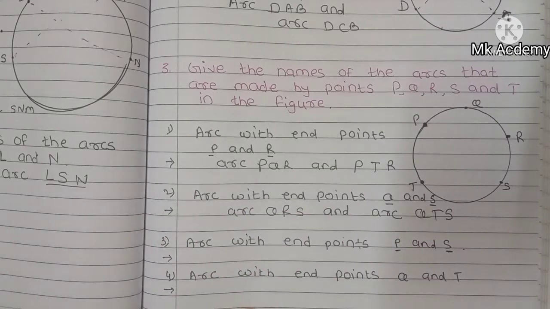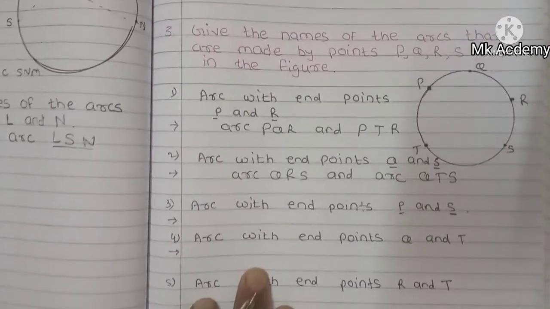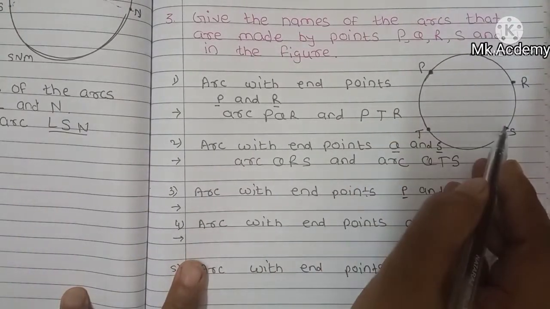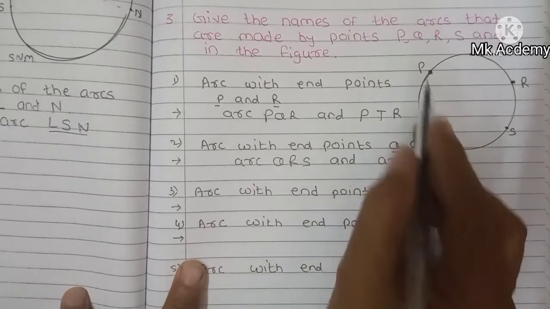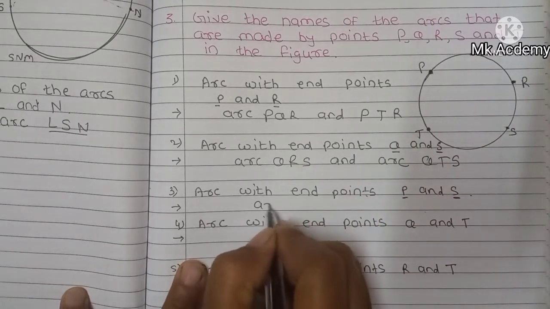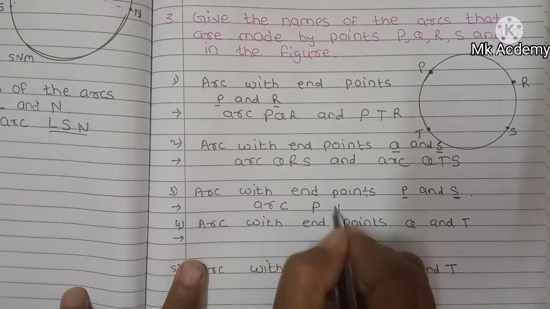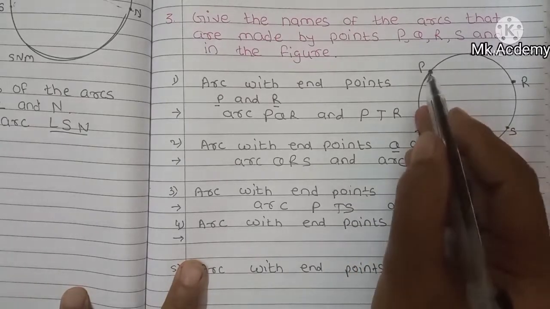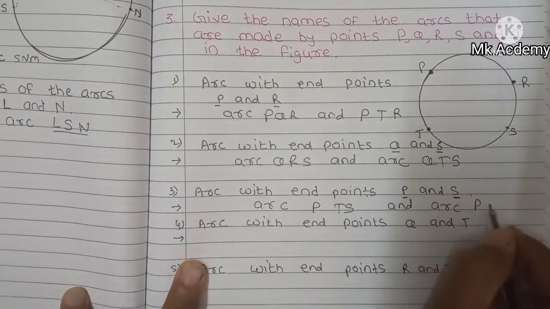Now the third, arcs with end points P and S. We take P and S as end points. Then arc PTS and arc PQS.